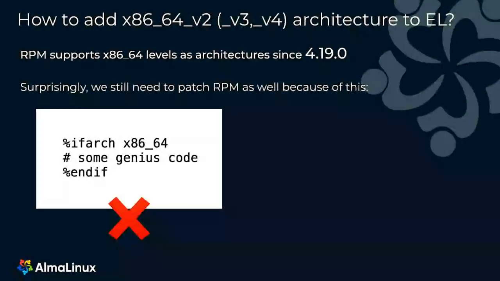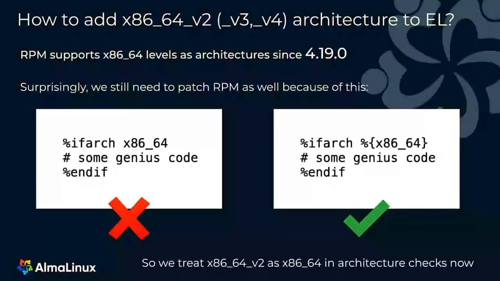We have to do something about this. We don't want to contribute to 100 packages. I think these decisions should be made somehow, and it should be updated. Currently, the proper way to do that is to use such macros, because this expands to all the versions of this architecture, like without level, v2, v3, v4, and so on. But there are no packages with this right now.